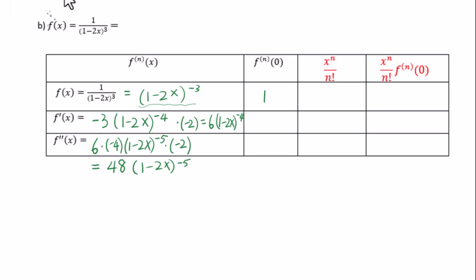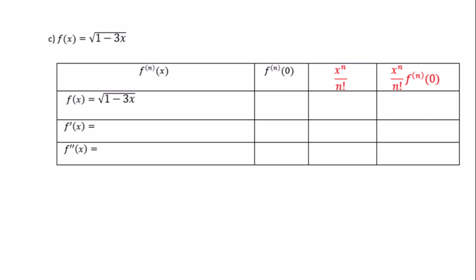So we have 1, 6, 48, times 1, x, x squared over 2. Do the multiplication: 1, 6x, 24x squared. Therefore, f of x equals 1 over (1 minus 2x) to the third power equals 1 plus 6x plus 24x squared, and so on.